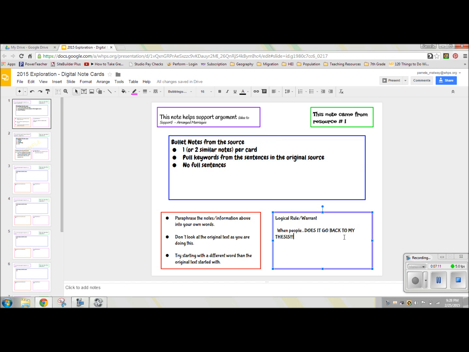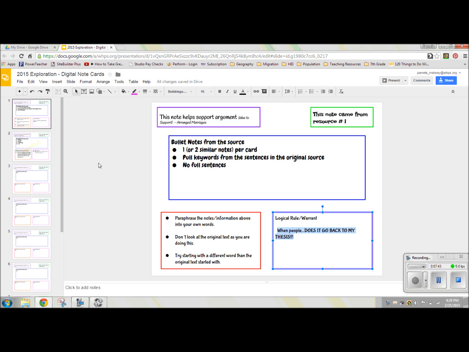So if that's the case, if you can't think of this, you probably want to get rid of this note. All right, if you cannot think of the logical rule or warrant, this is so important. This is huge because this is helping you understand how this piece of information not only supports your argument, but ties back to your thesis. Really, really essential.